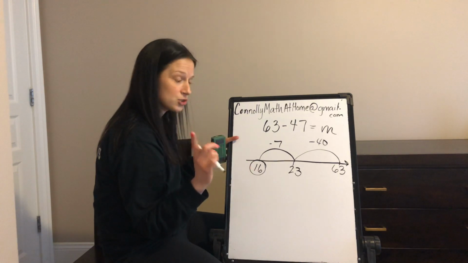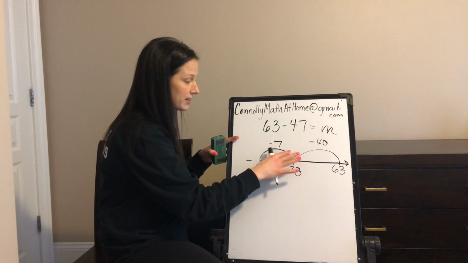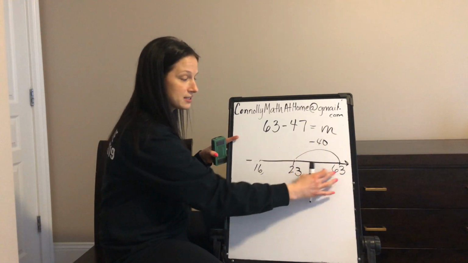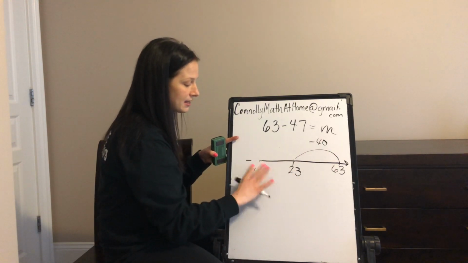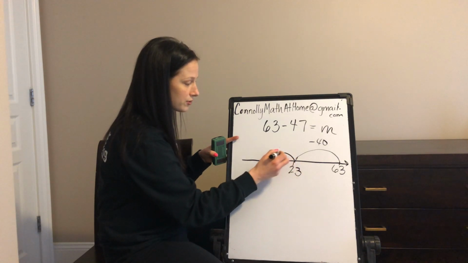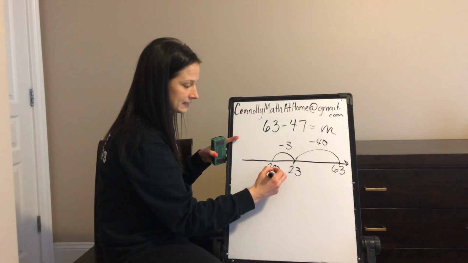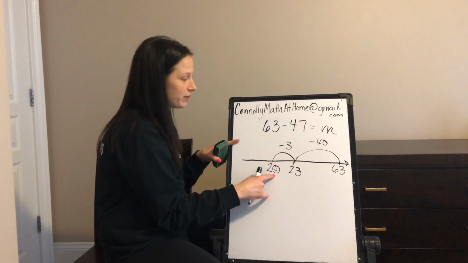Okay? For some students, and this is what's going to happen with fractions, they might break this down even further. So they might subtract 40. They know that the tens place is the only place that's changing because there's a 0 in the ones place. And then they might say, well, it's really difficult for me to switch decades, so first I'm going to subtract 3 so I can land on 20. I like to draw a smiley face there because 20 is a friendly number that you might want to work with.